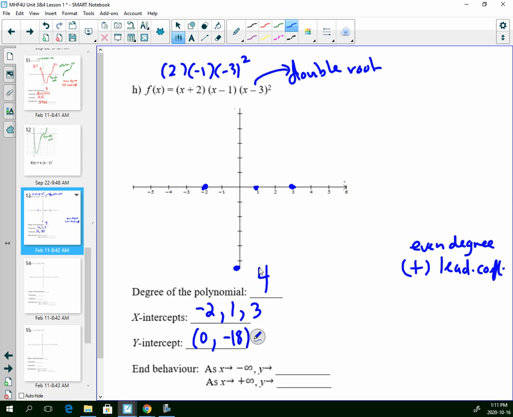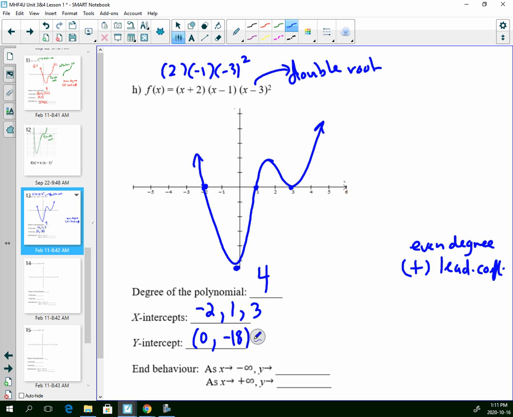So I know the ends are going to come up. And it has a double root at 3. So it's going to come down through this, go through this one, turn, then let's draw this better. At 3, it's going to turn but not pass through. So it's going to come around, it's going to turn at this point and not pass through.